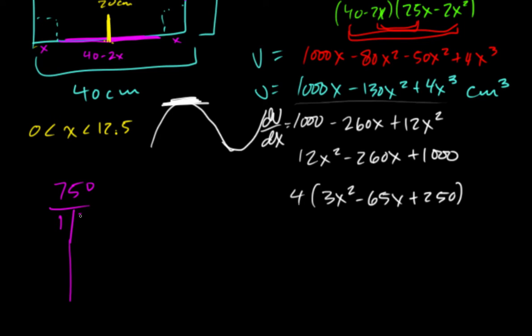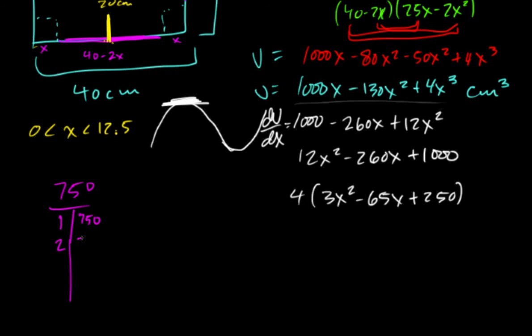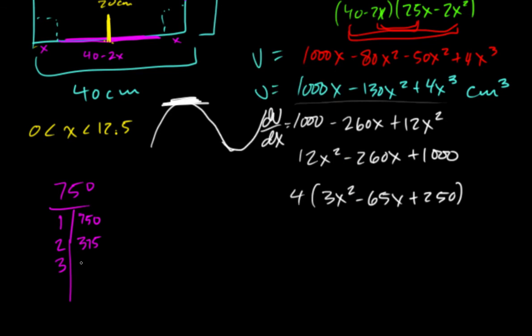So we have 1 and 750, 2 and 375, 3 will work as well, 250. Oh, I should have known that.